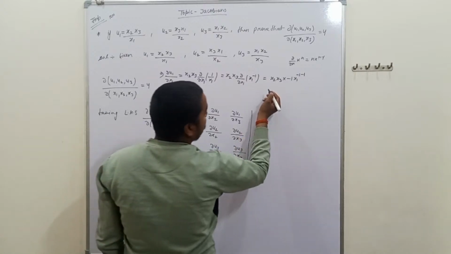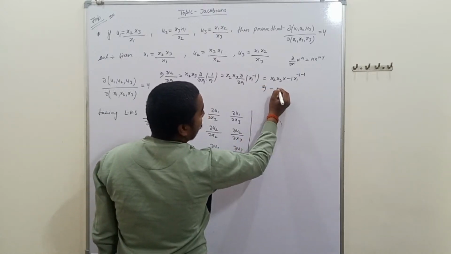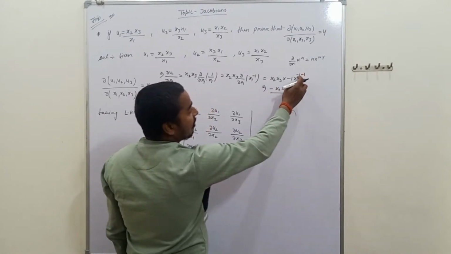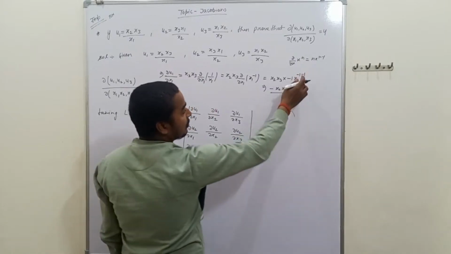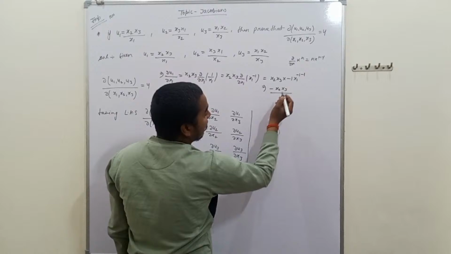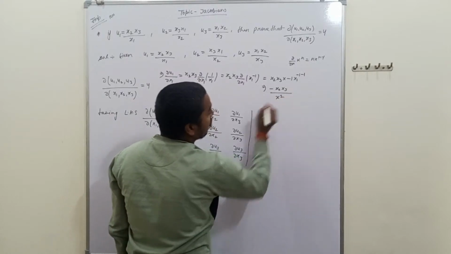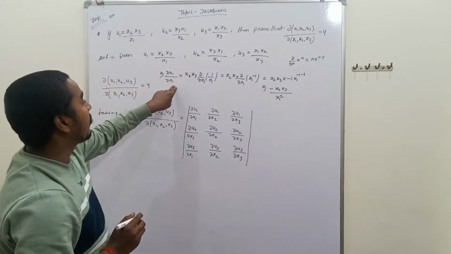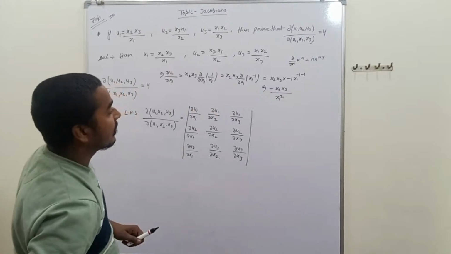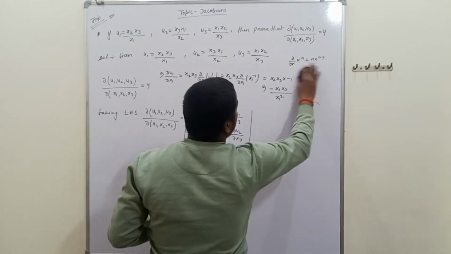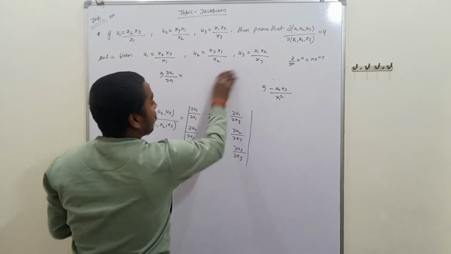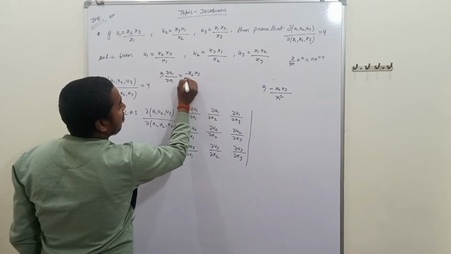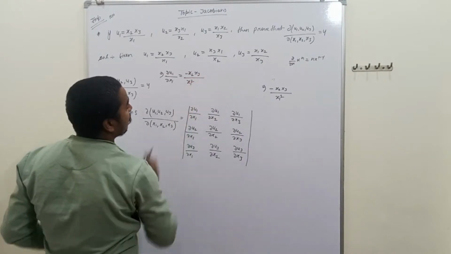Further we write minus x2 x3 upon x1 squared. This is the value of del u1 upon del x1, that is minus x2 x3 upon x1 whole square.